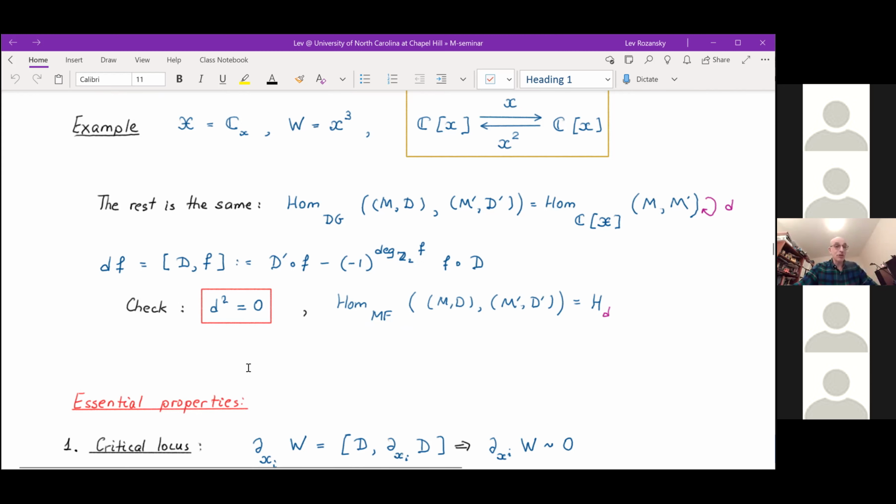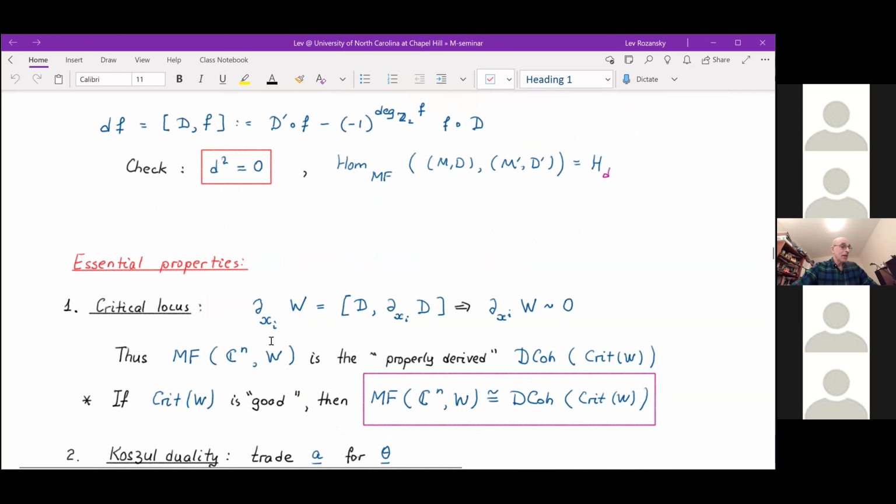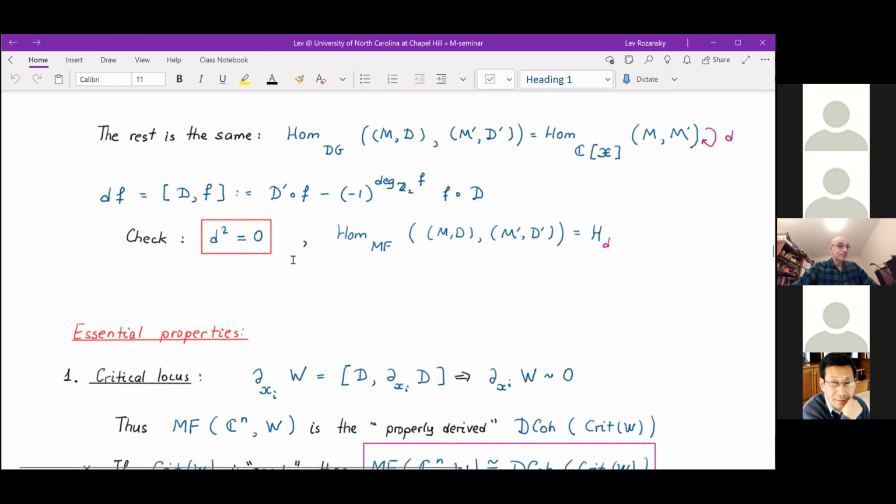So being closed is equivalent to commuting with the differential of complexes, and modulo exact is up to homotopy. So here you can repeat it verbatim. So the Hom is also a super space, right? Yes, everything here is Z2 graded.